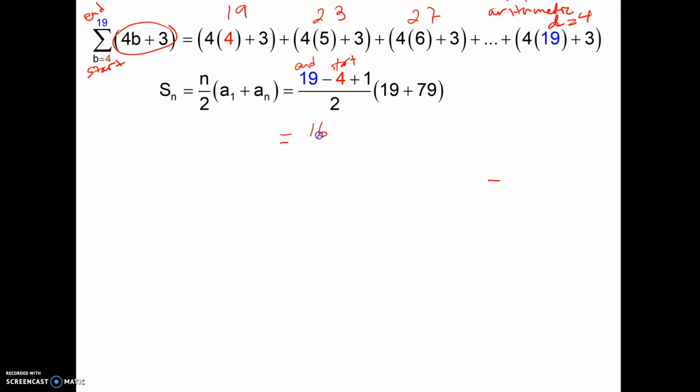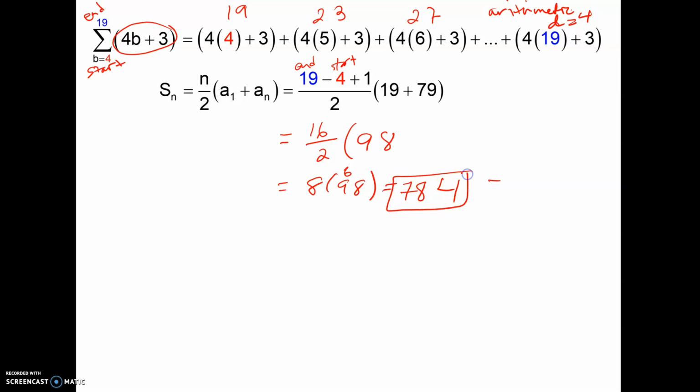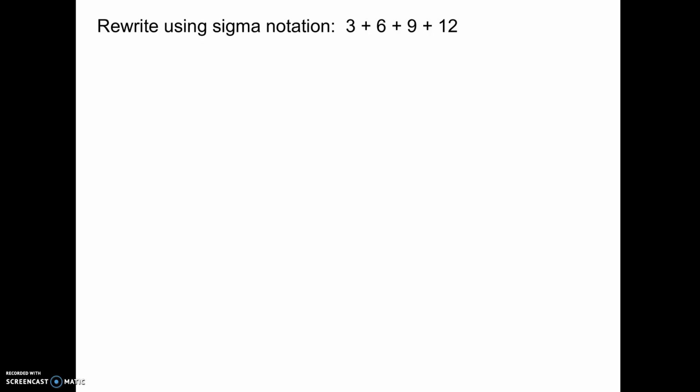So you end up with 16 over 2, and 19 plus 79, that's 98, and this is 8 times 98. 8 times 8 is 64, carry the 6, 9 times 8 is 72, plus 6, 784.